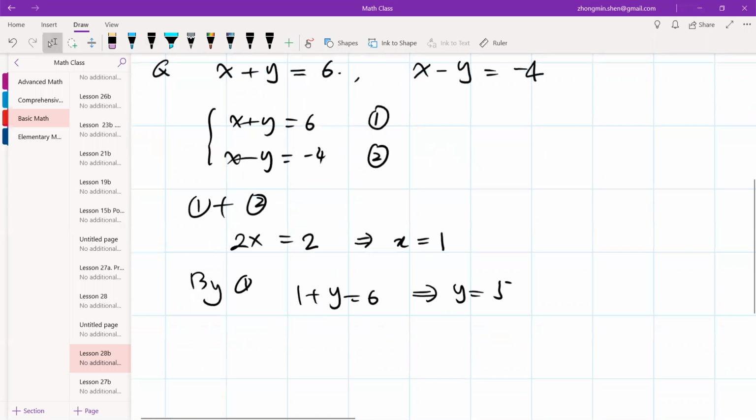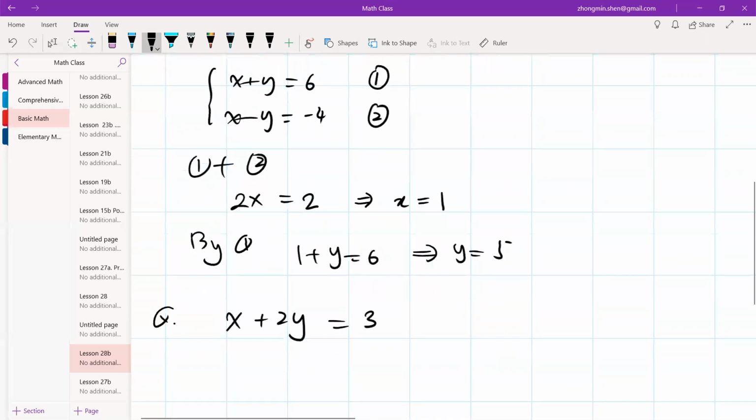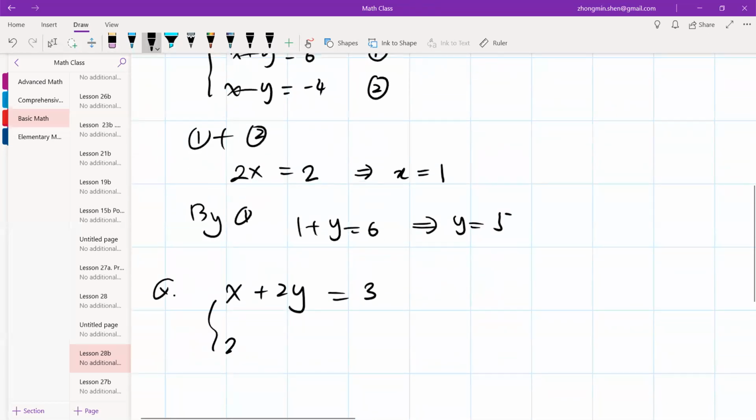But sometimes you're only given one equation. Let me ask you to do another problem first. So x plus 2y equals 3, and 2x plus y equals 6.